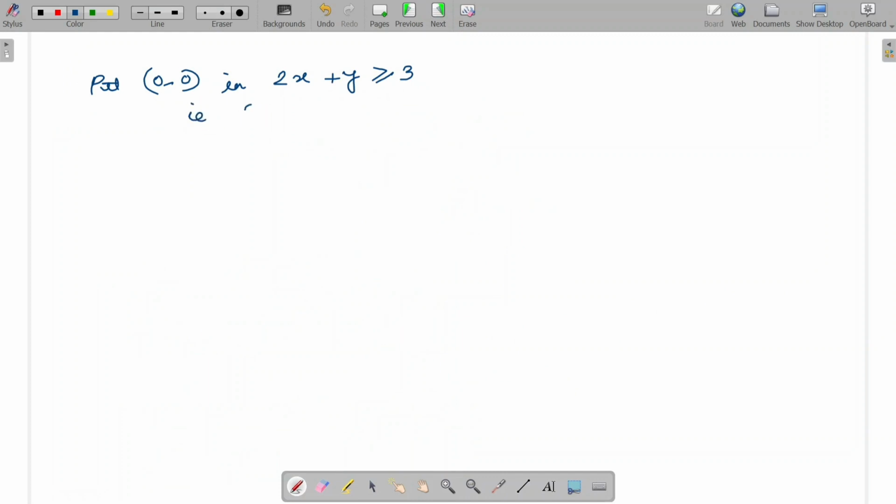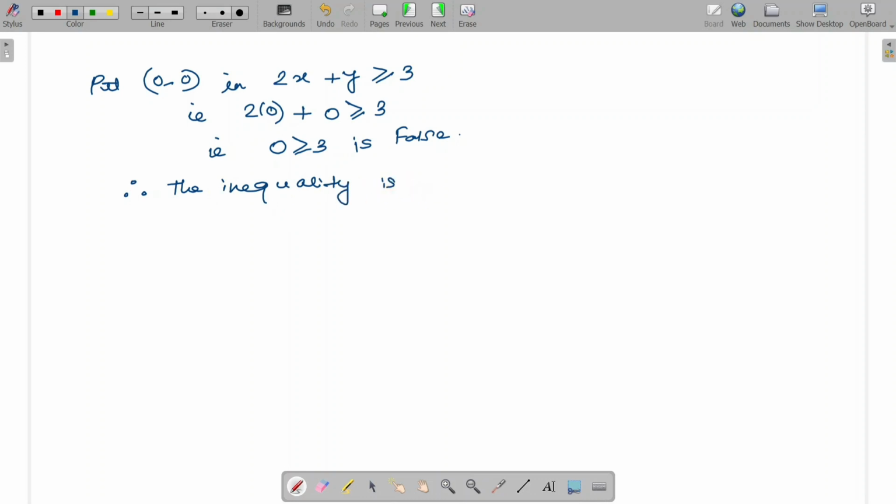That is 2 times 0 plus 0 greater than or equal to 3, that is 0 greater than or equal to 3, which is false, right? 0 is not greater than or equal to 3, 0 is less than 3. So therefore the inequality is not satisfied.